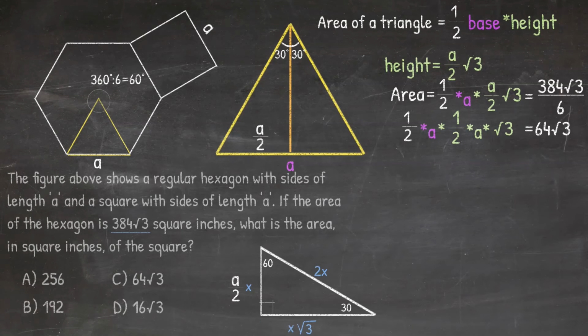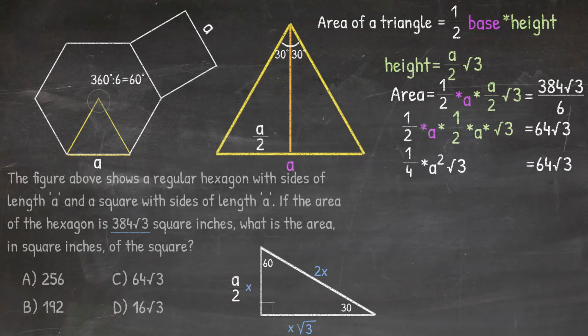As we move on, 1/2 times 1/2 equals 1/4, and a times a equals a squared. Then we have square root of 3 on the left-hand side, and 64 square root of 3 on the right-hand side.